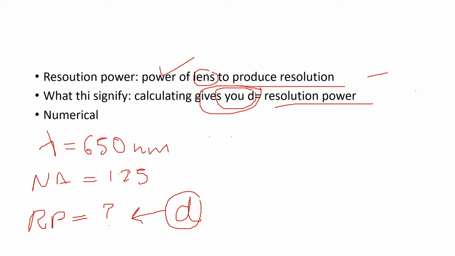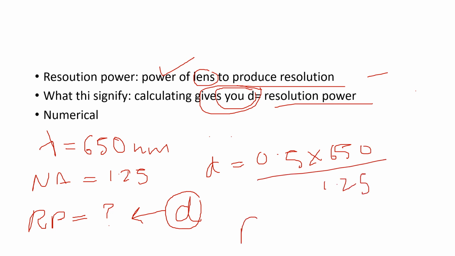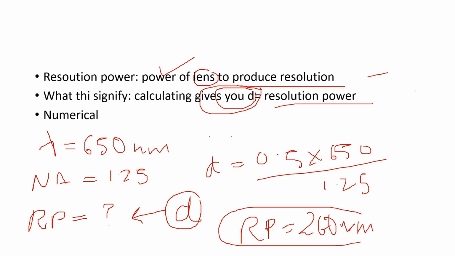You said it correctly. If you calculate, putting 0.5 times 650 nanometer divided by 1.25, your resolution power will be 260 nanometer. It is in nanometer, N and M, and it's your resolution power. Compare it with the resolution power of other lenses and you'll know if it's higher or smaller.